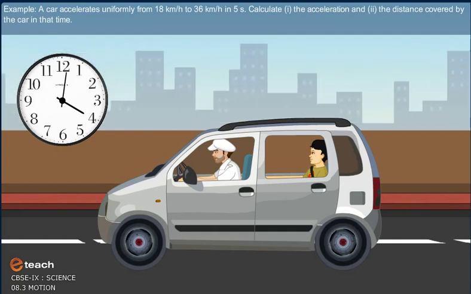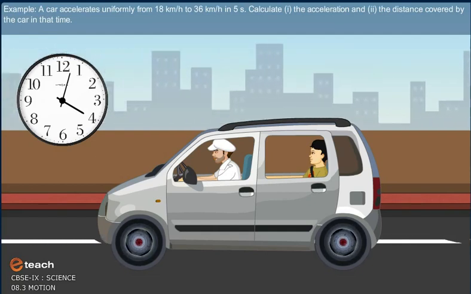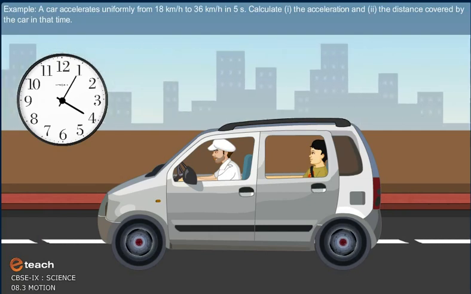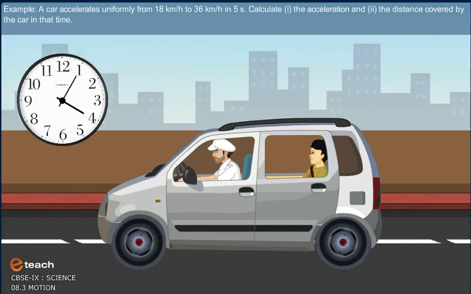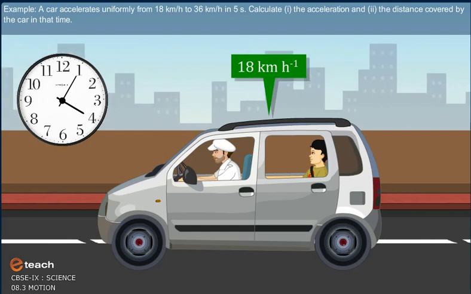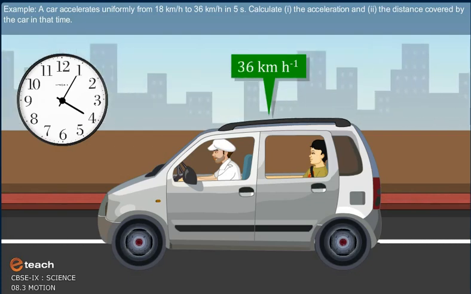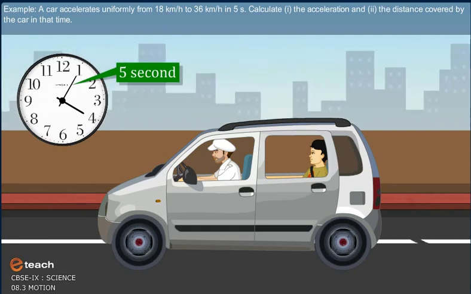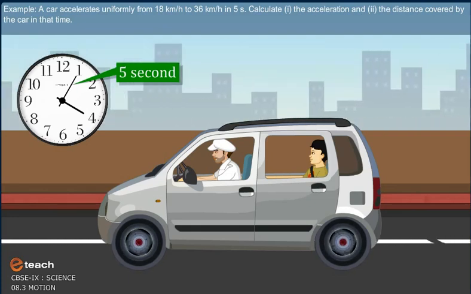Example: a car accelerates uniformly from 18 km per hour to 36 km per hour in 5 seconds. Calculate the acceleration and the distance covered by the car in that time.